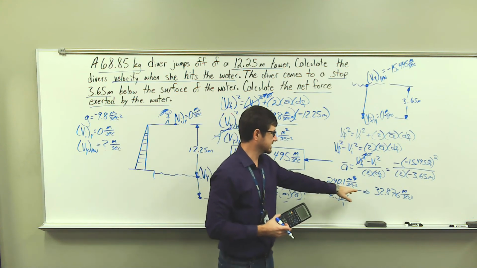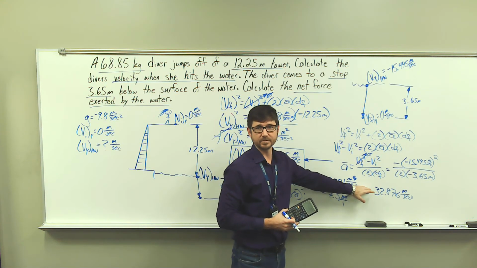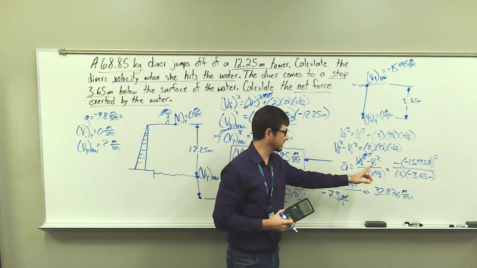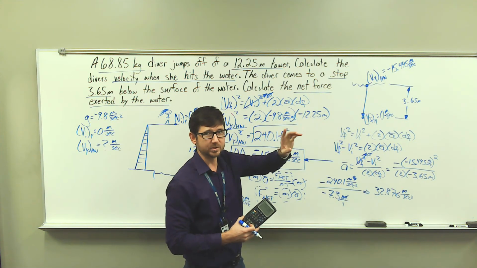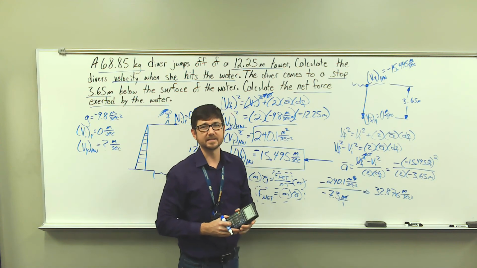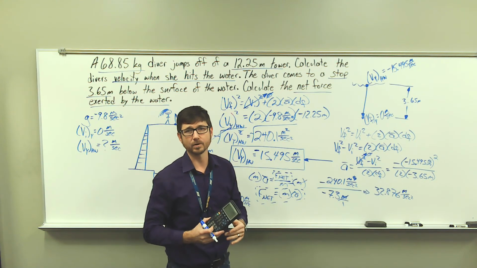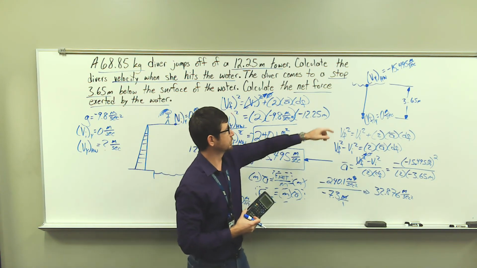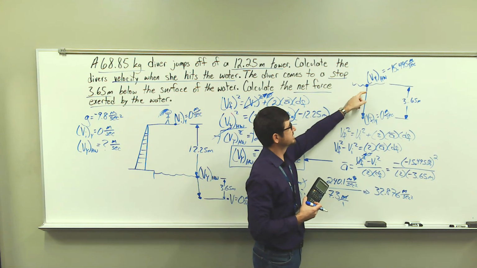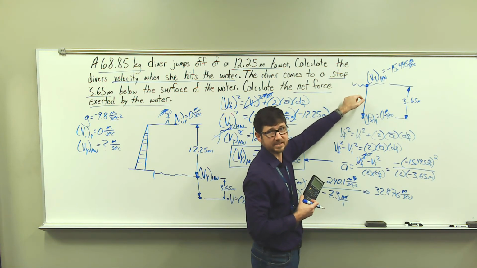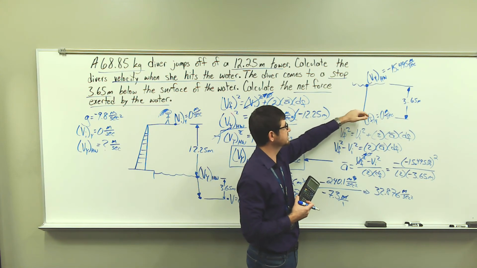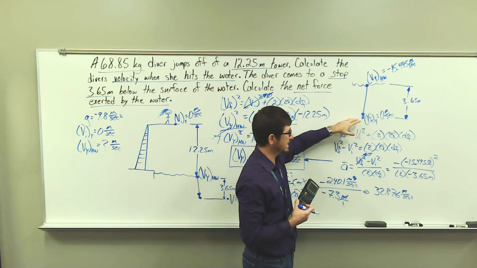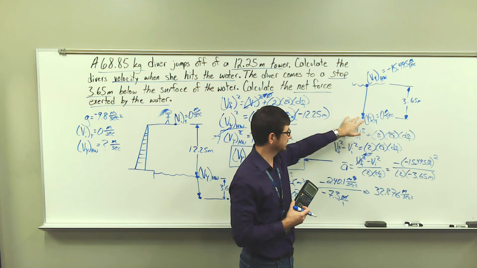So remember, acceleration is a vector and it's showing direction. So the acceleration is in the positive y direction, which coincidentally is the opposite direction of her initial velocity. So when she hits the water, since her initial velocity vector and acceleration vector are pointing in opposite directions, she's going to slow down and stop, okay?